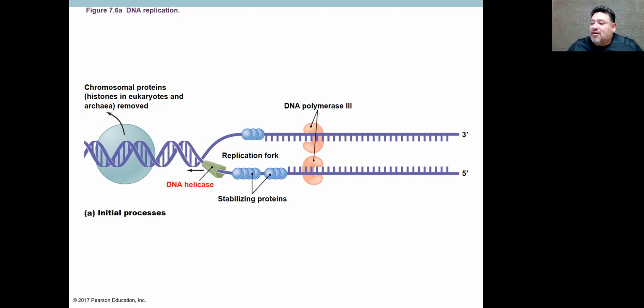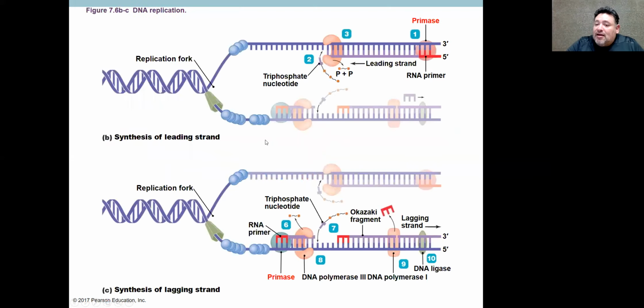So the replication takes place. So the DNA helicase separates the complementary strands. Then the stabilizing proteins associate with each strand to keep them separate. And then the next step that happens is that this enzyme, do you see it right there?